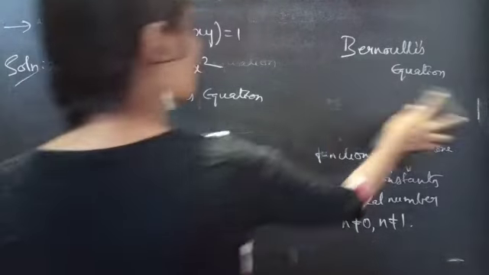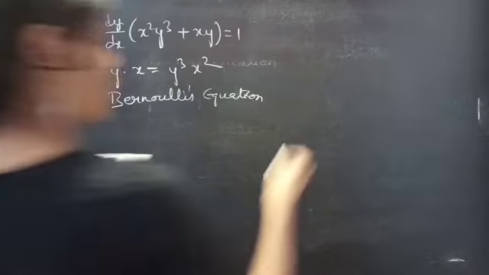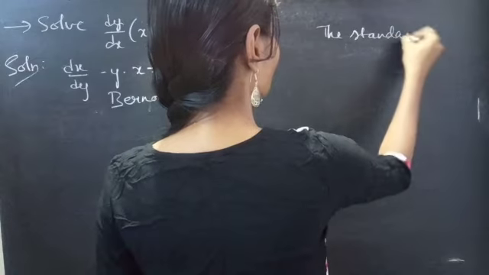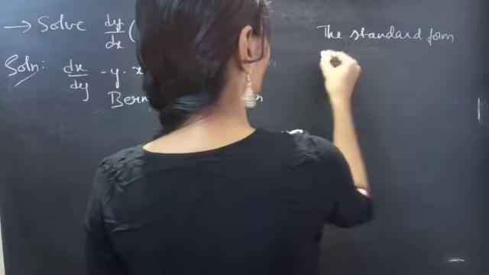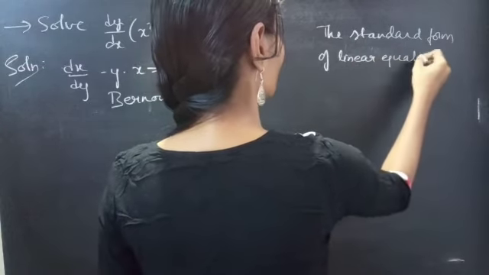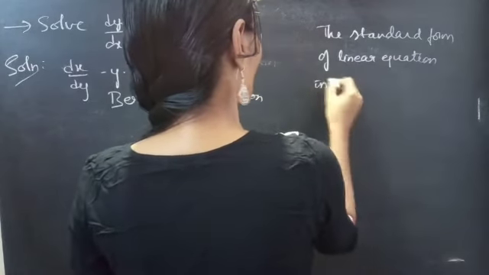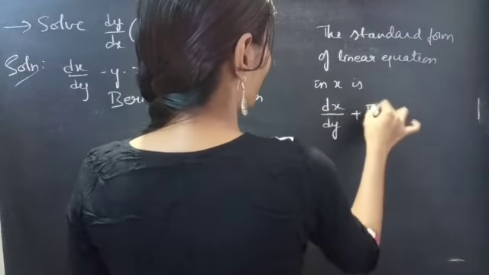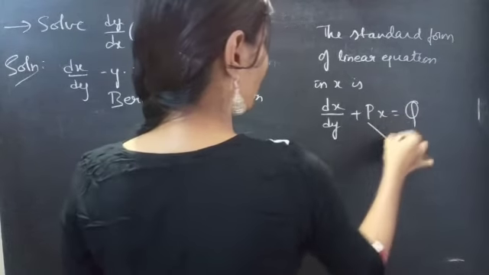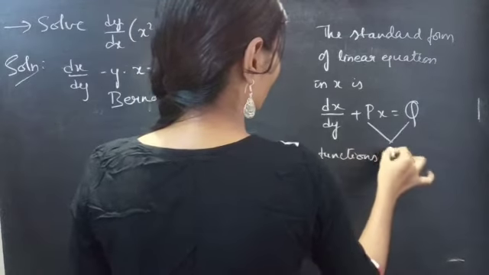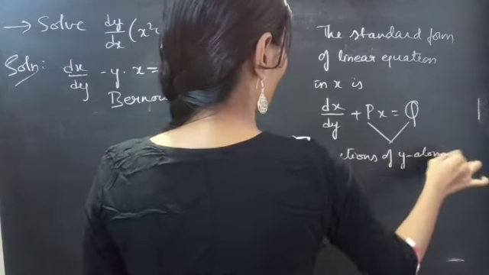Now, what we'll do is we'll simply reduce the Bernoulli's equation to linear form. We know that the standard form of linear equation in x is dx by dy plus p into x equals to q, where p and q are either functions of y alone or constants.